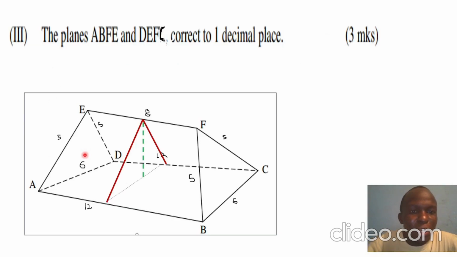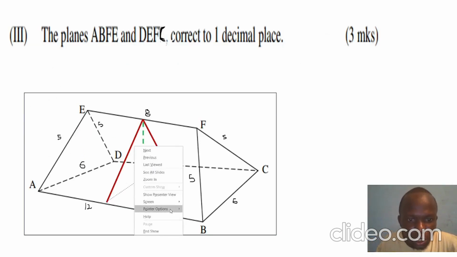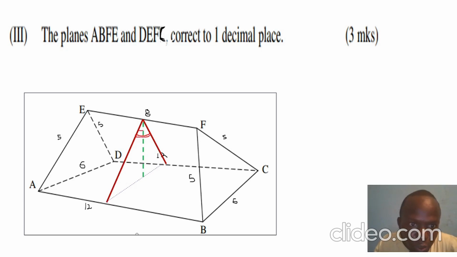Why are we multiplying by 2? Note that we want to get the whole of this angle, but we can only get that part of it.